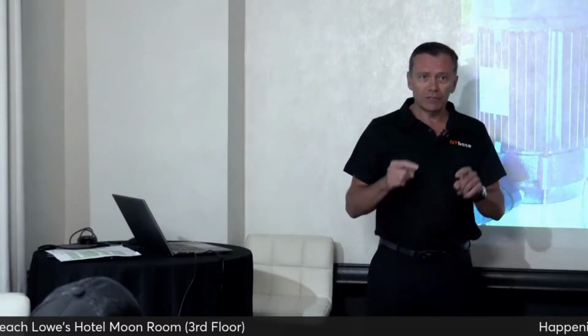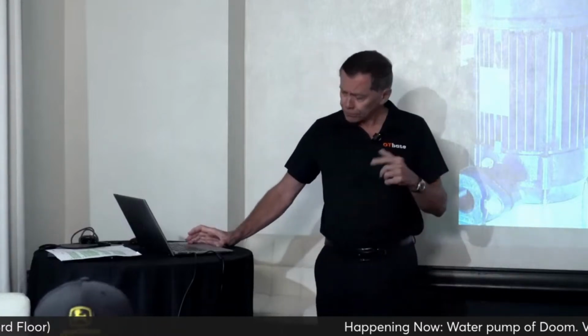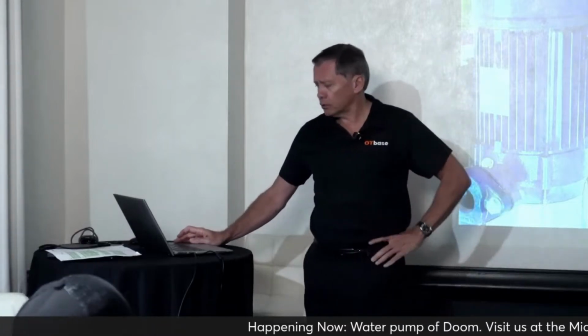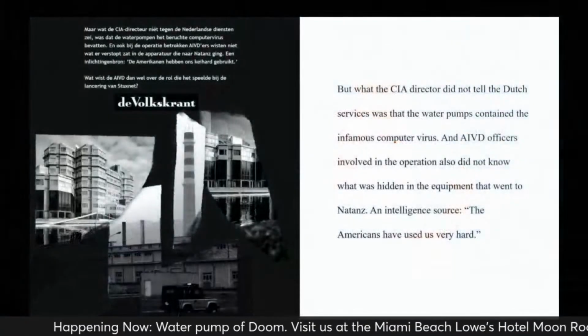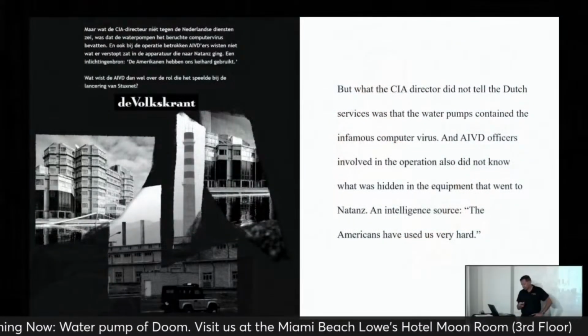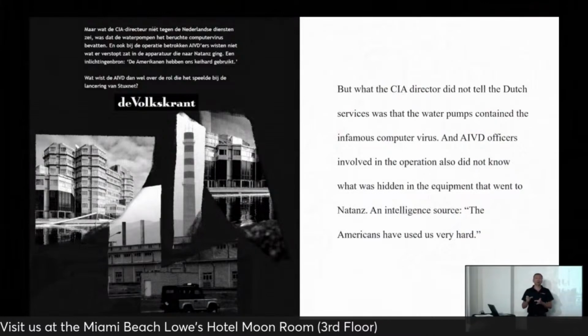All the stuff that could be on there. So therefore we need to dive in and see what actually happened and how this is possible. So let's go back to the original article in the Volkskrant. It's in Dutch, but I have translated the essential part of it.